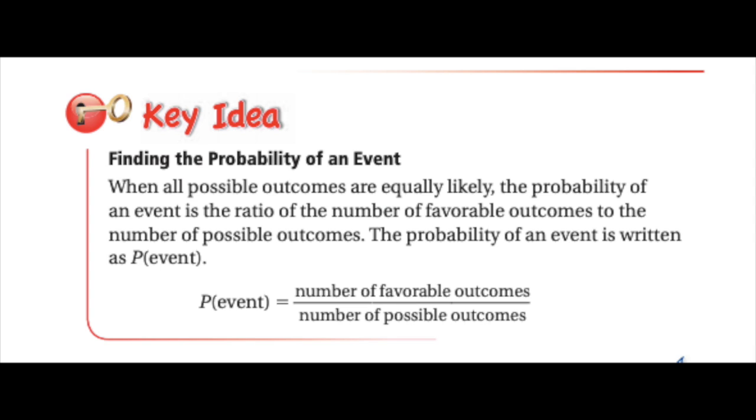For example, if we go back to the idea of flipping a coin, the favorable outcome of getting heads is only one, so 1 would be in the numerator. The denominator would be 2 because there are 2 possible outcomes, heads and tails. So the probability would be 1/2, which would be equally likely.